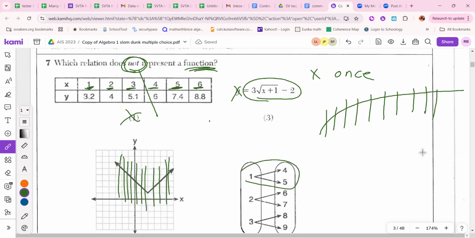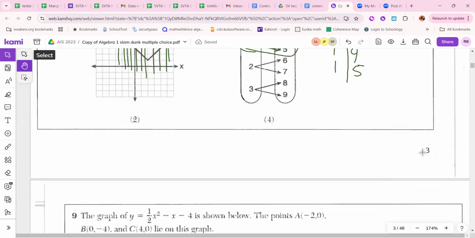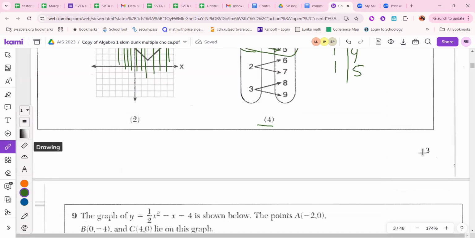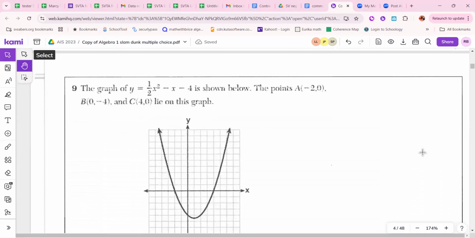However, 1 x has 2 y's. So to write that in a table, it would be 1, 4, 1, 5, because 1 is dancing with number 4 and 1 is dancing with number 5 at the same time. That is not a function. So the answer is choice 4. Which one is not a function?